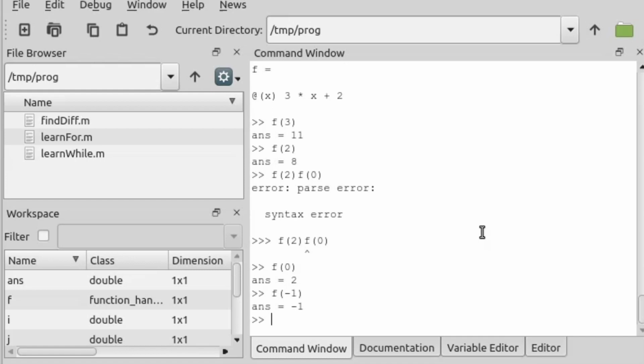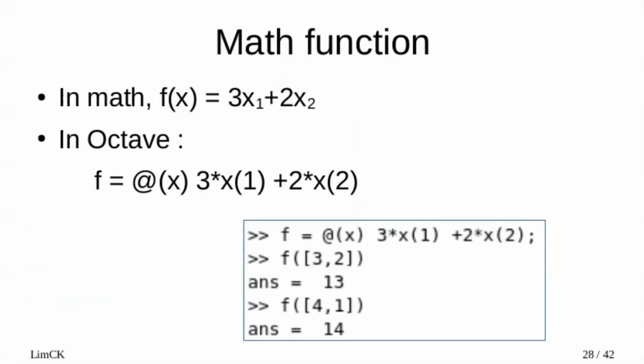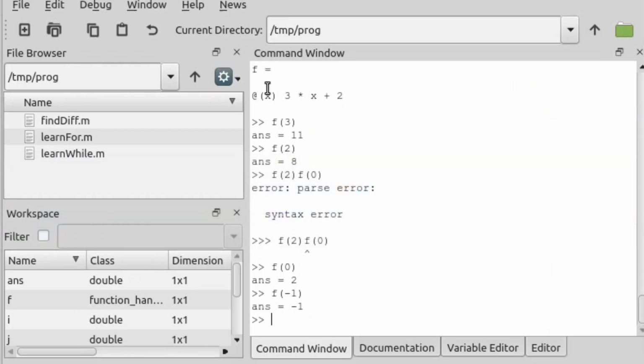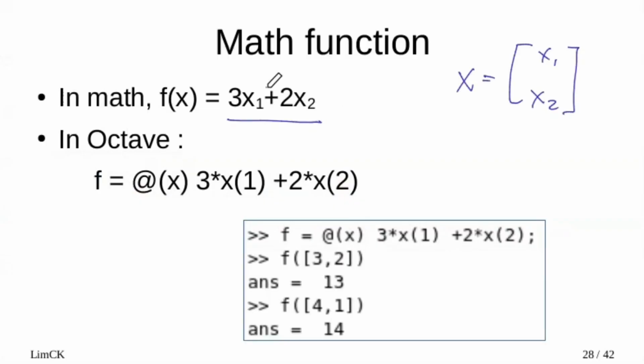But if we have a multivariable function like this, f(s) is equal to, if s is a vector, and then we have s equal to s1 and s2, two variables here, a two-variable function. So we can define this multivariable function with s1 and s2 in this form, with 3s1 plus 2s2.